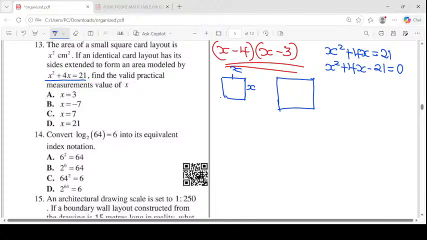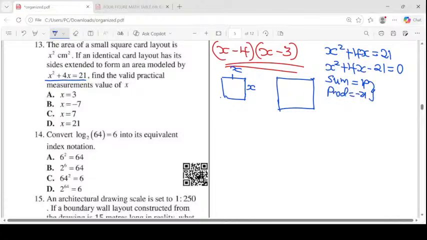Then after that, let us see, the sum is 4 and the product is 21. Let me see, can I have this? Yes, I guess I'll have. I'm going to look for two numbers such that the sum of my two numbers is 4 and the product of the two numbers is negative 21.